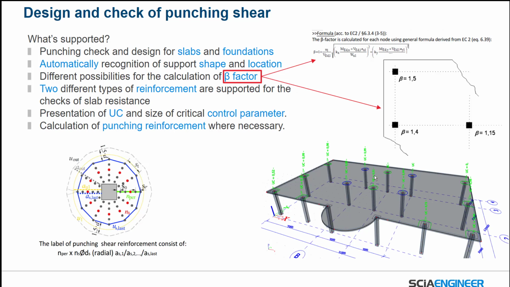Finally, the unity check as a color, green or red, will guide you. Beside that, the size of the critical control perimeter will also be drawn on the screen to tell you what the size is. In case the resistance of the concrete together with the longitudinal reinforcement is not enough, then SCIA will calculate some punching reinforcement, in this method only, radial.